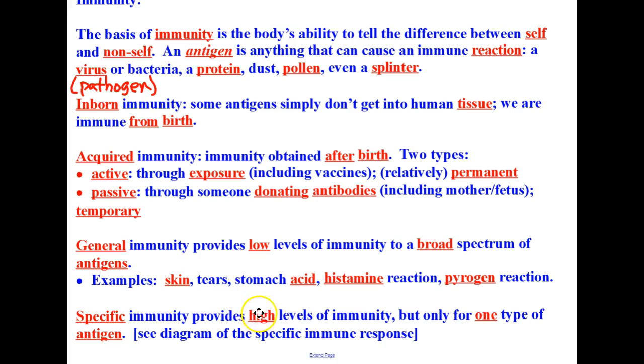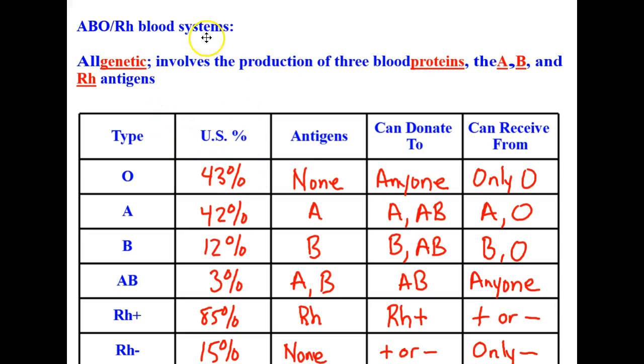Specific immunity provides high levels of immunity, but only to one type of antigen. In tomorrow's lesson, we'll talk about specific immune responses, and we'll talk about a whole bunch of different kinds of those. Next, let's take a look at the ABO-RH blood system.